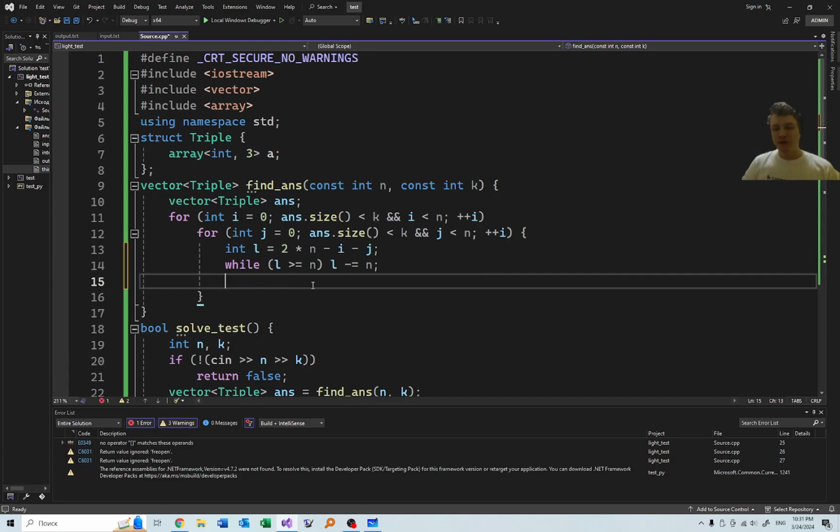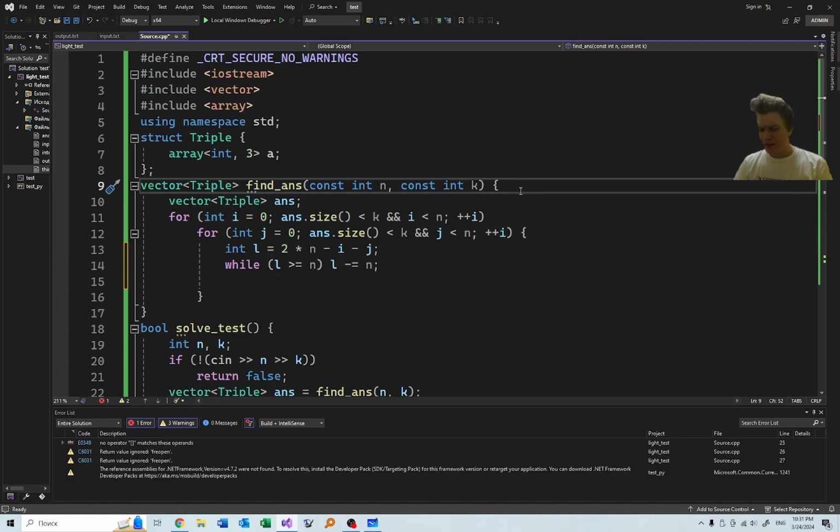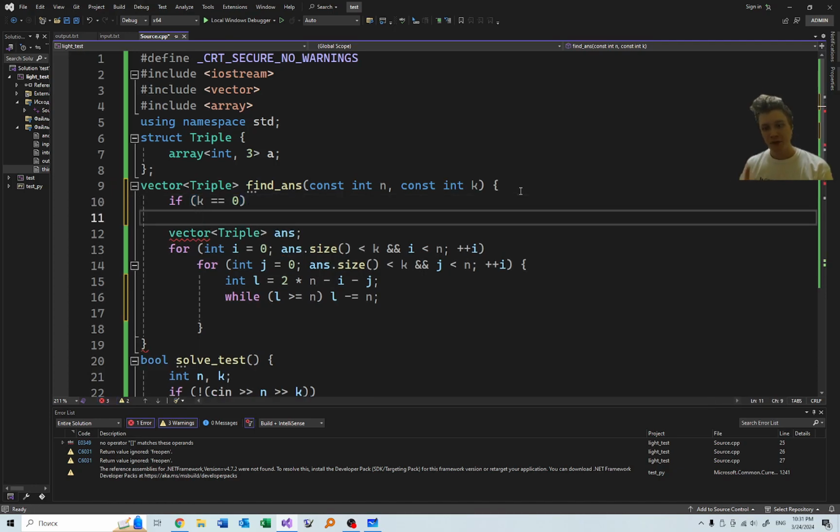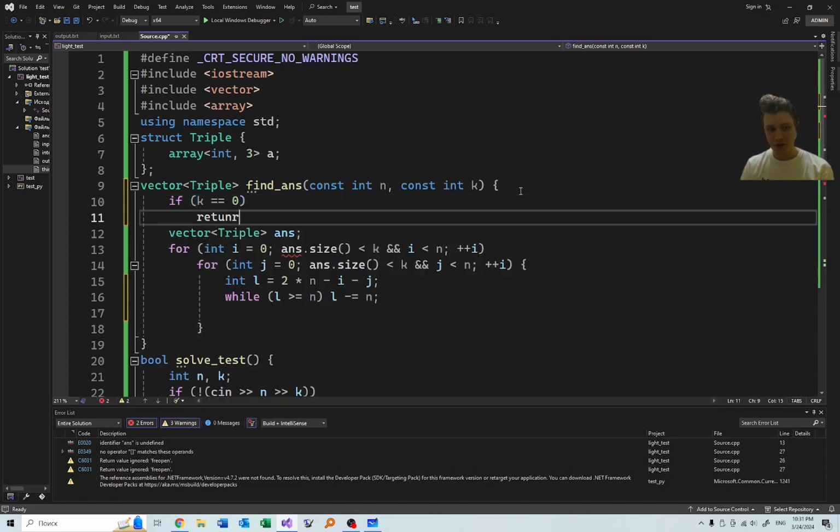So if they are all equal... Okay, fine. Actually, let me say an important thing. So if k equals 0, it will be convenient for us to just return ans.